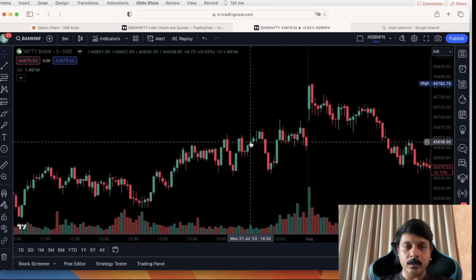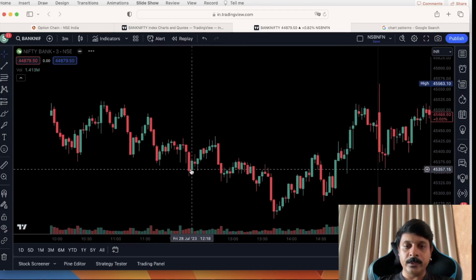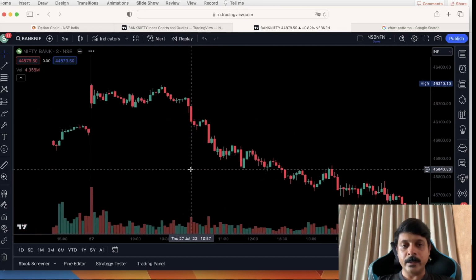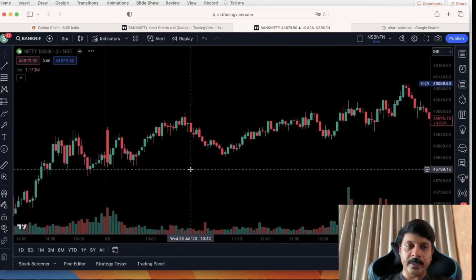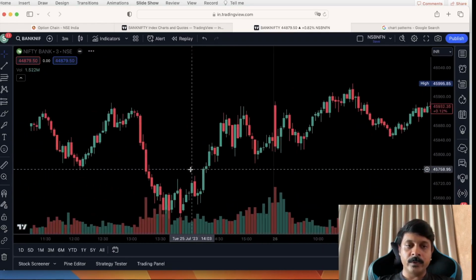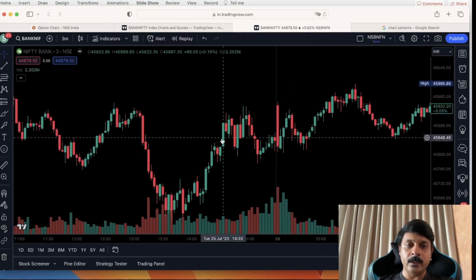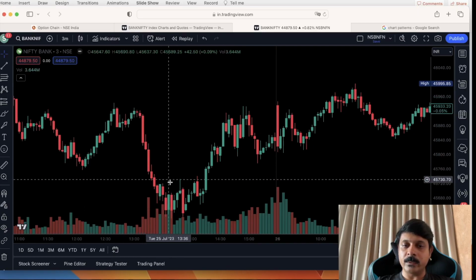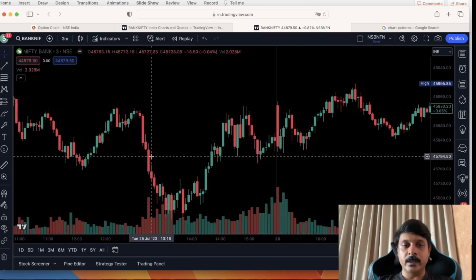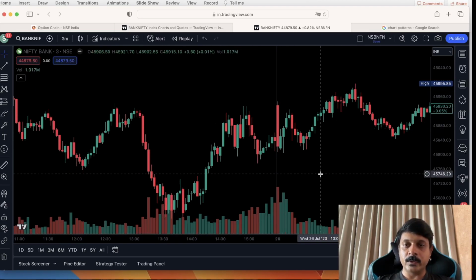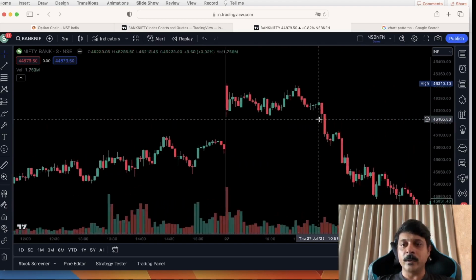And if the market moves up and is consolidating near the day high, most likely it is supposed to go up only. So that is the basic funda. And most of the time when the reversal happens, it will be a V-shape recovery, W-shape recovery, or an inverted head and shoulder pattern. All these are reversal patterns.